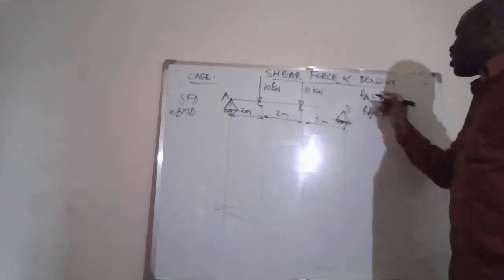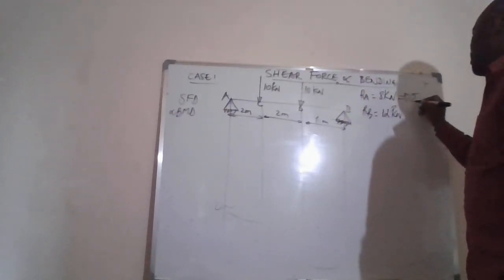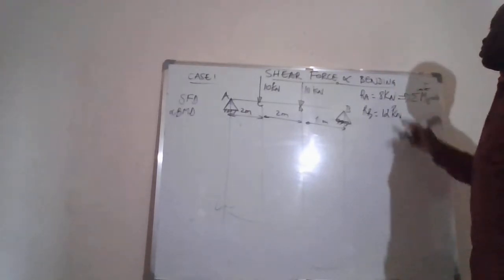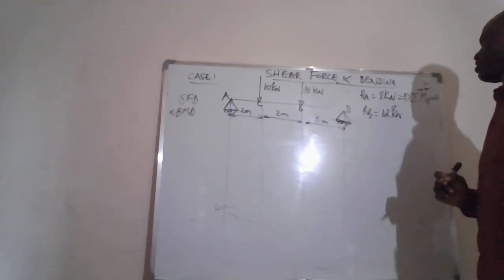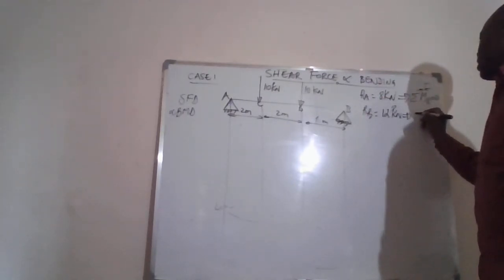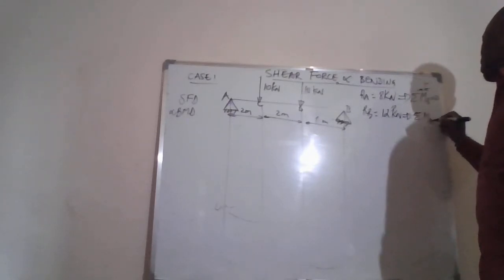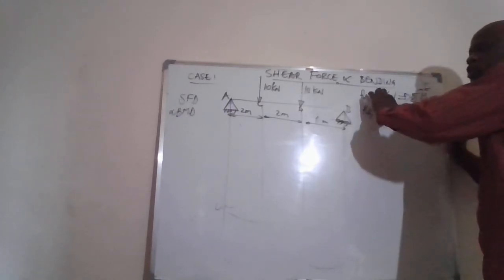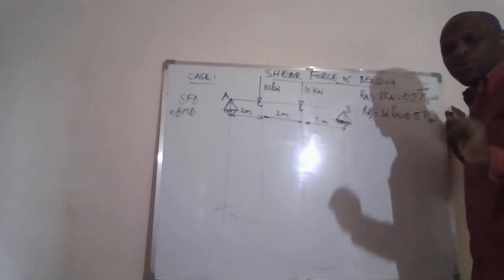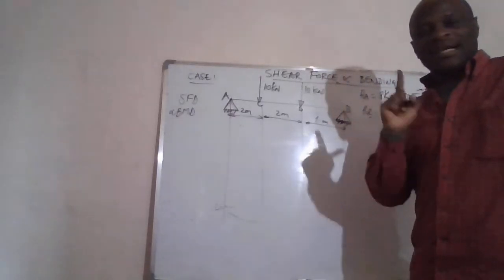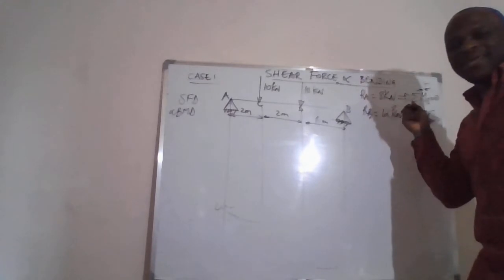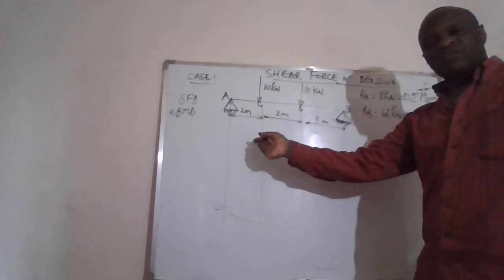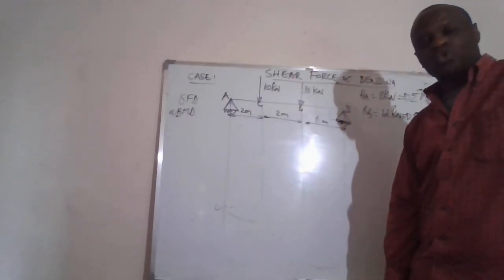Here we already have the values, and we know how to get them: the sum of moments about B will give us the reaction at A, and the sum of moments about A will give the reaction at B. Everybody knows how to get the reactions, and calculating them is very critical, because if you calculate the reactions wrongly, your shear force and bending moment diagrams will be totally wrong.